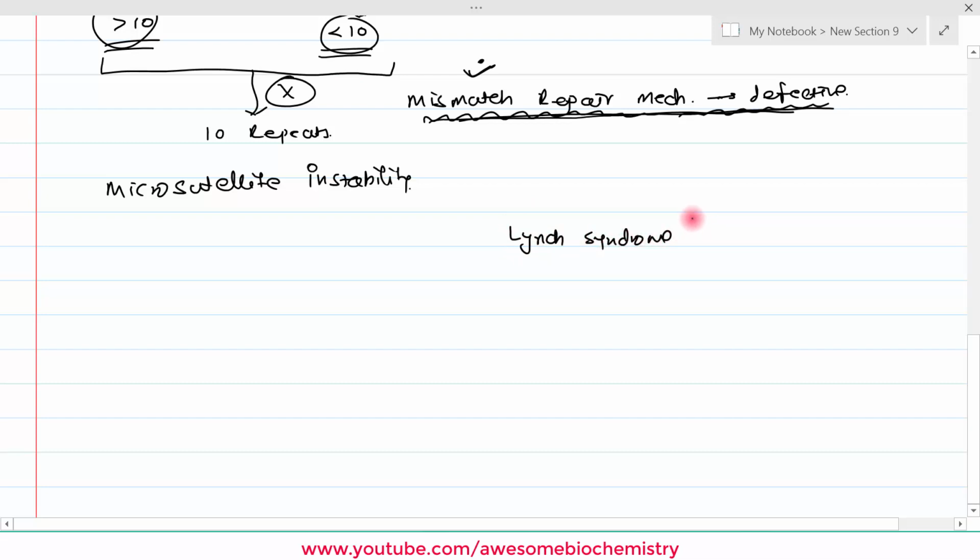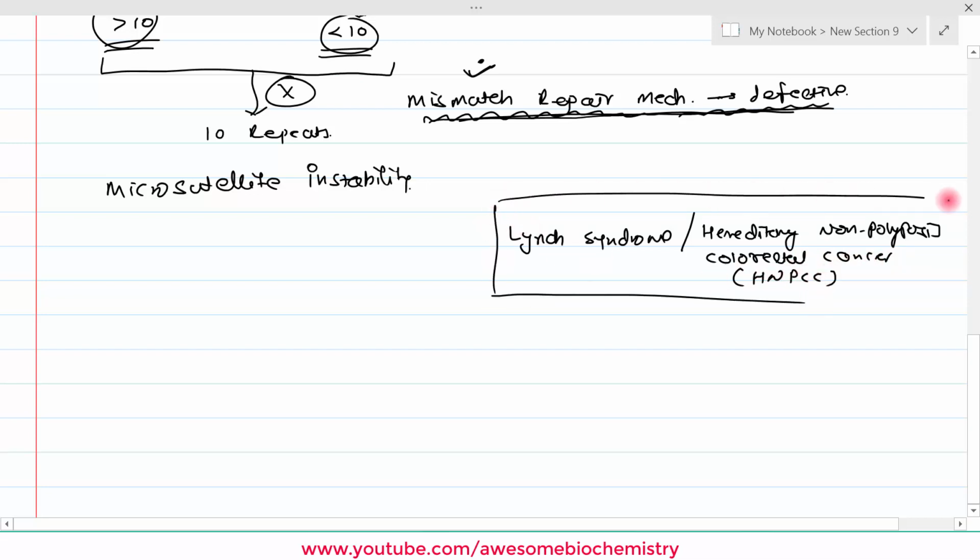We also know that its other name is hereditary non-polyposis colorectal cancer, in short form HNPCC. So Lynch syndrome and HNPCC are both names of the same disease.